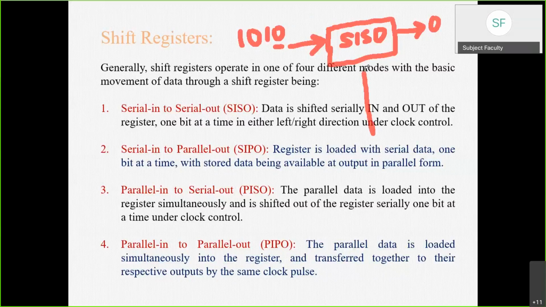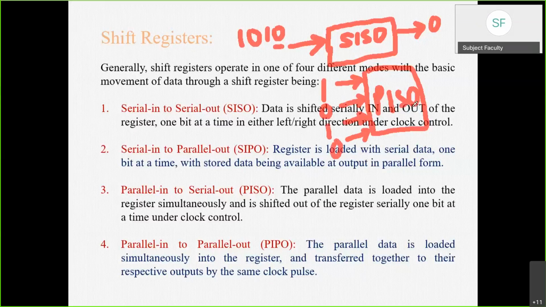If it is parallel configuration, let's assume that this shift register is PISO. Now in this, multiple inputs will be there. That means you are sending your information or data bits in parallel configuration. So at a time, this sequence will be transmitted, that is 1010.